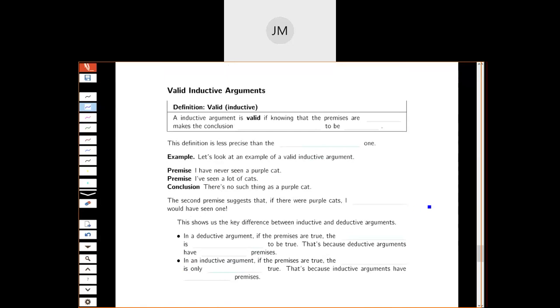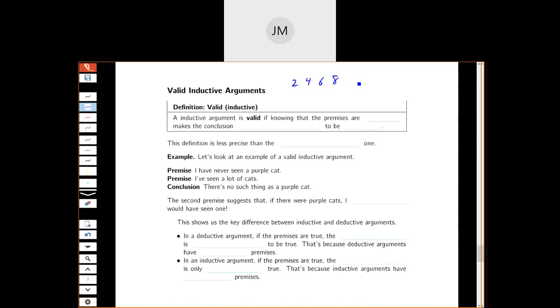Now let's look at inductive arguments. Inductive is different when we look at arguing from the specific to the general, or looking at specific cases and building a pattern. Sometimes, even if we're reasoning correctly, our pattern is wrong. For example, if I give you the list of numbers 2, 4, 6, 8, and I say, what's the next number in the list?